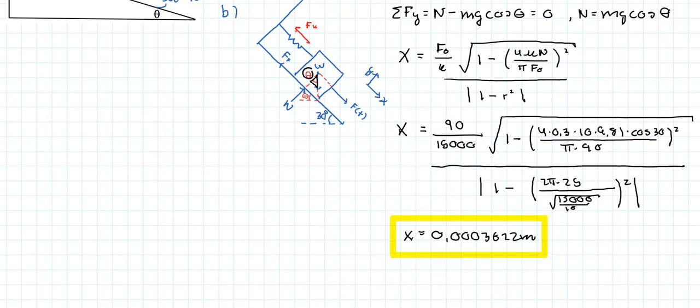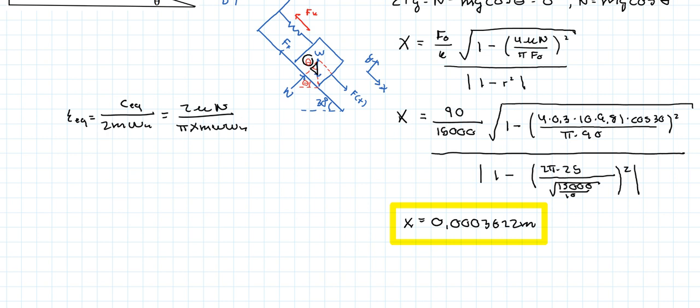And just as before, we said that the equivalent damping ratio is equal to the equivalent damping constant over 2 times the mass times the natural frequency, which is equal to 2 times mu times the normal force over pi times the steady state amplitude, the mass, times the excitation frequency times the natural frequency.